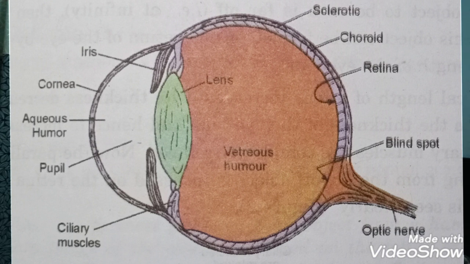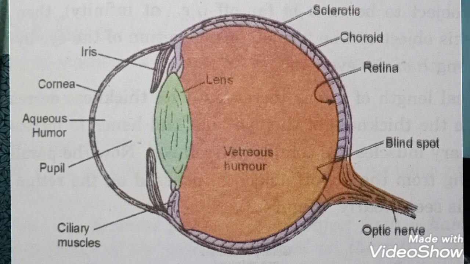I repeat, it uses refraction of light and enables us to see objects and the colors around us. It gives us the sensation of sight. It consists of an eyeball which is almost spherical in shape with a diameter of about 2.3 centimeters.